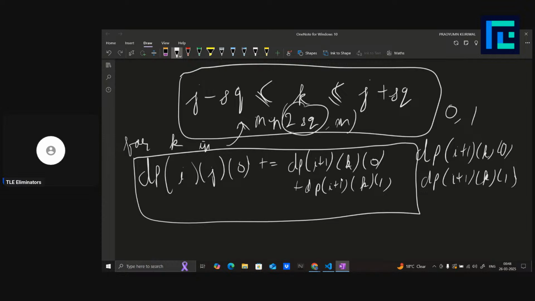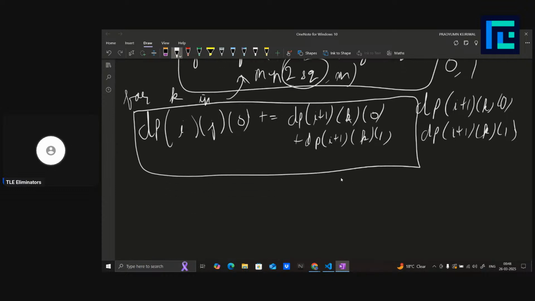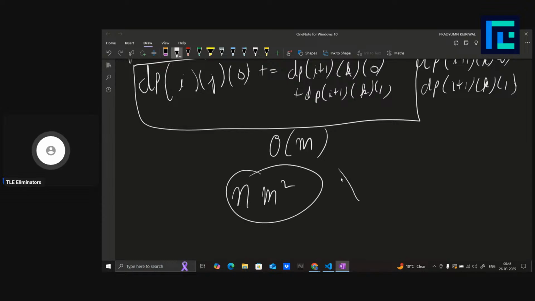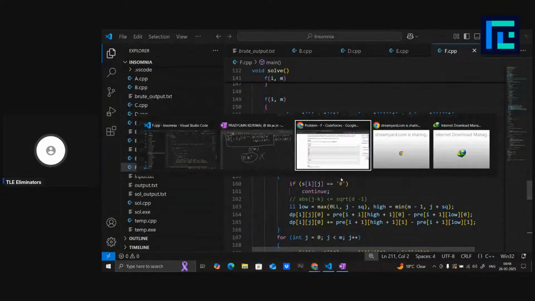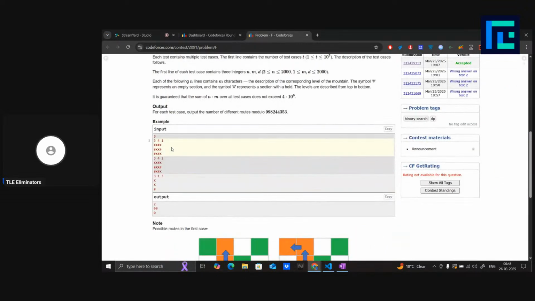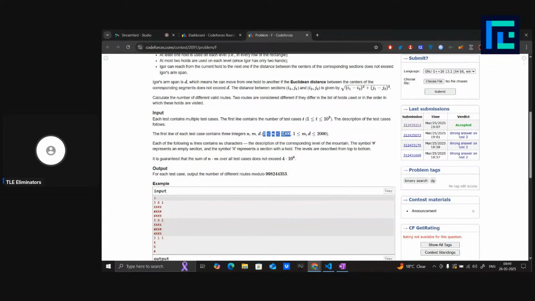If 2sq is pretty large, then we can choose all of the m cells, so it is basically O of m. The transition time for this strategy is O of m. So the total complexity would be O of n into m square, which is too slow, because here the limits of n comma m are up to like 2000, right?